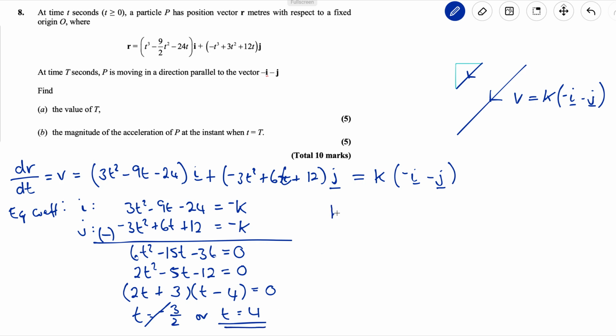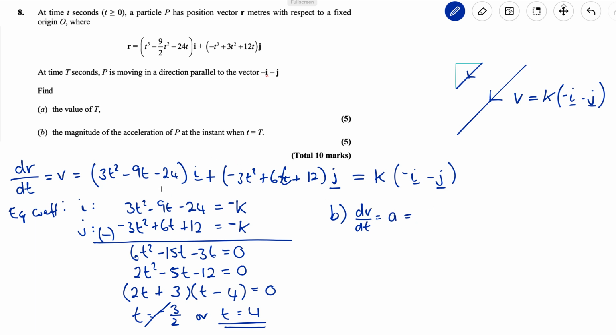For part B, the magnitude of the acceleration at P at the instant when t is capital T, that was found in part 1, when t is 4. So I need to differentiate velocity with respect to time to find acceleration.